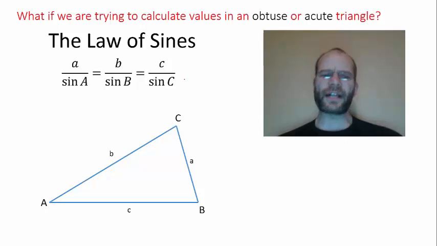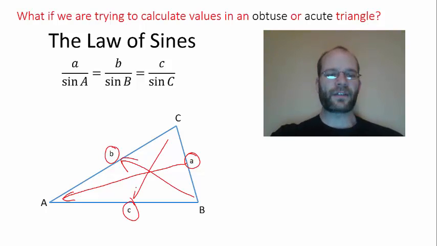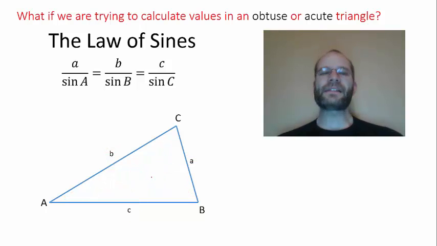If you look at this triangle, it's triangle ABC, and you'll notice the variable little a across from angle A. You'll notice variable b across from angle B, and you'll notice variable c across from angle C. That is pretty standard.